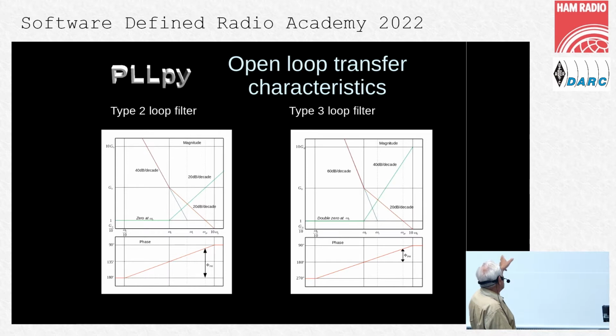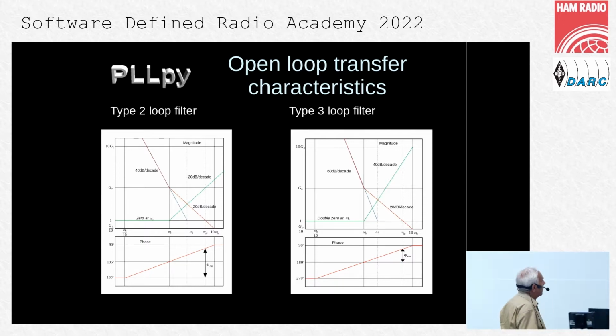In the bottom part, you can see the phase transfer function. It starts at minus 180 degrees and ends up at minus 90 degrees. And you can see at the unity gain how we define the phase margin. On the right side is the same thing for the type 3 PLL.